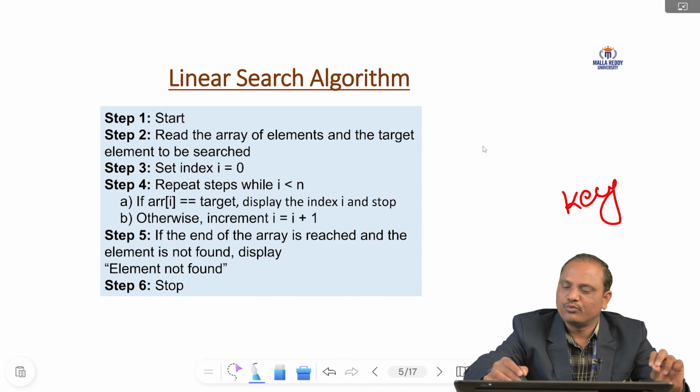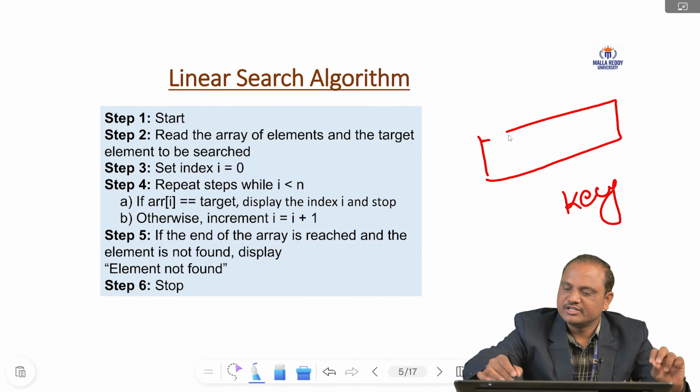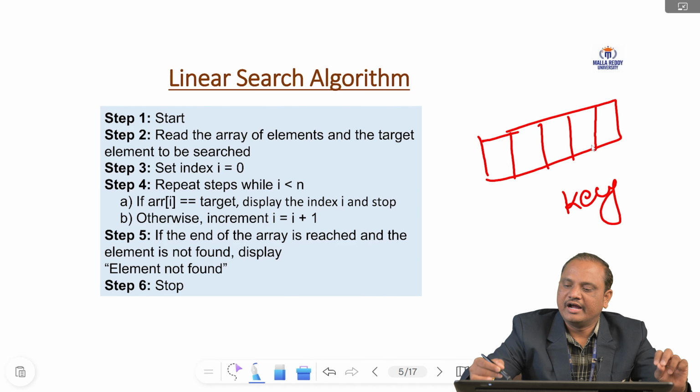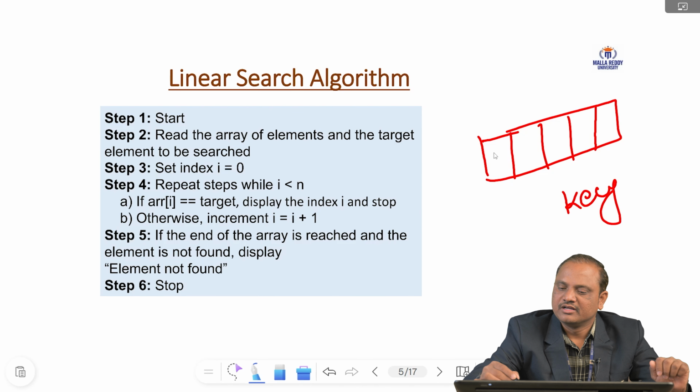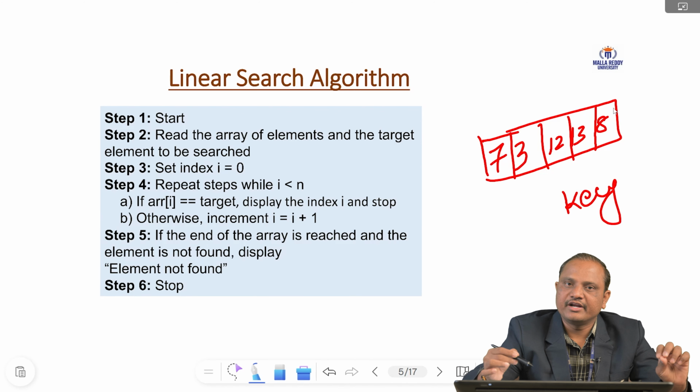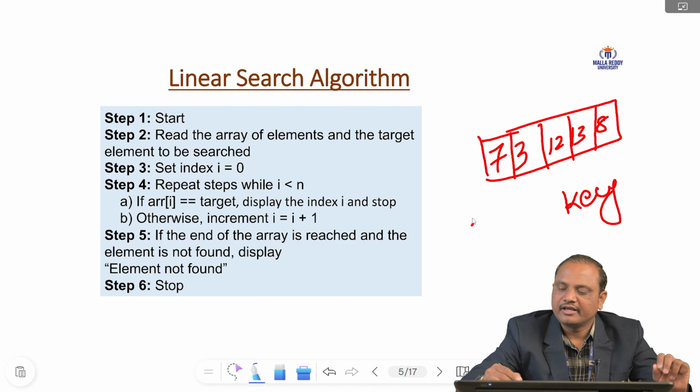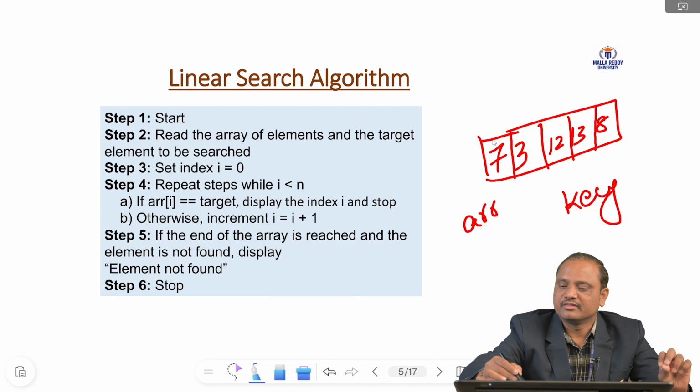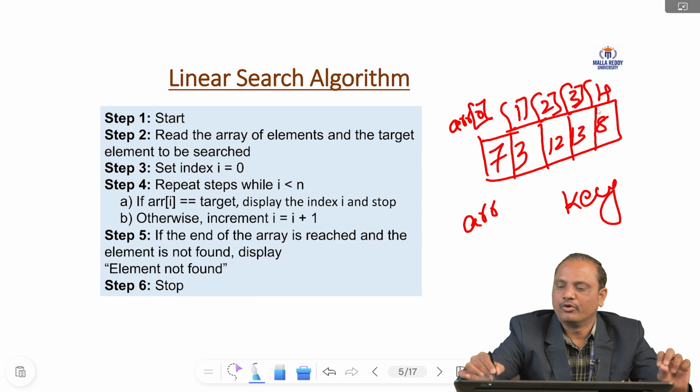For example, take one array with some elements like 7, 3, 12, 13, 8. If we call this array name ARR, the indexes of the elements will be ARR of 0, 1, 2, 3, 4.